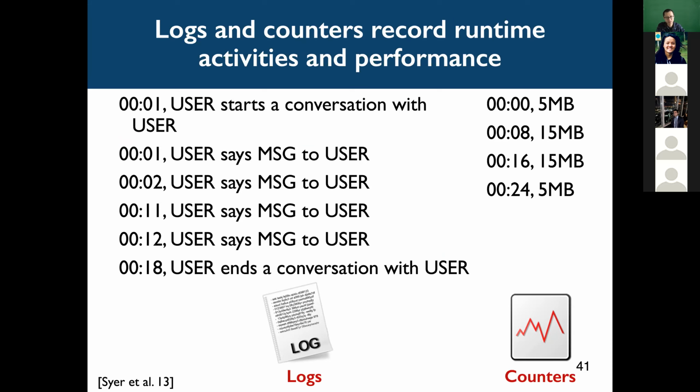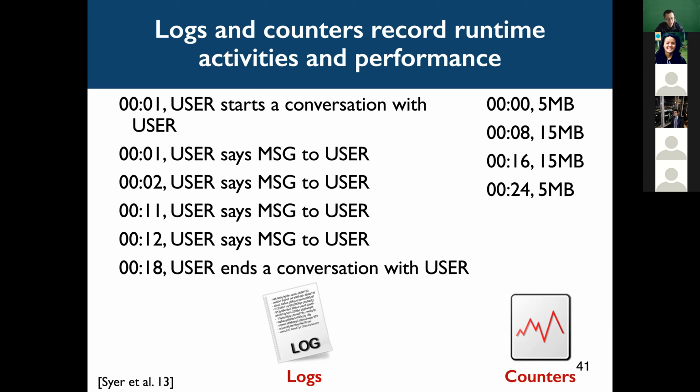From the system, we have data such as logs and counters. Counters are metrics you can consider here, like memory usage, how much memory is used, right? So we have the logs and we have the memory usage data, the counters. They are stored in separate files.